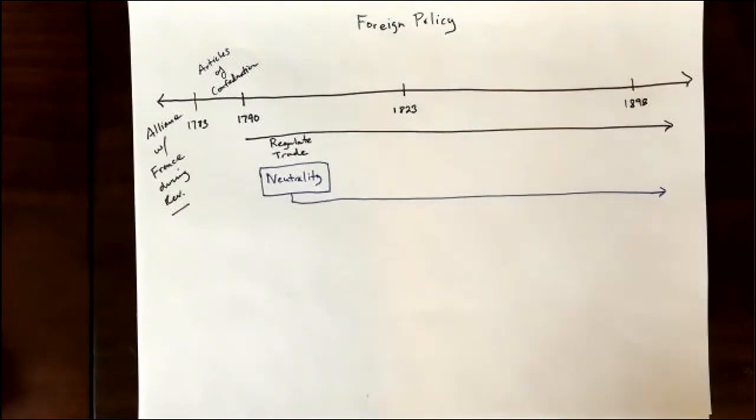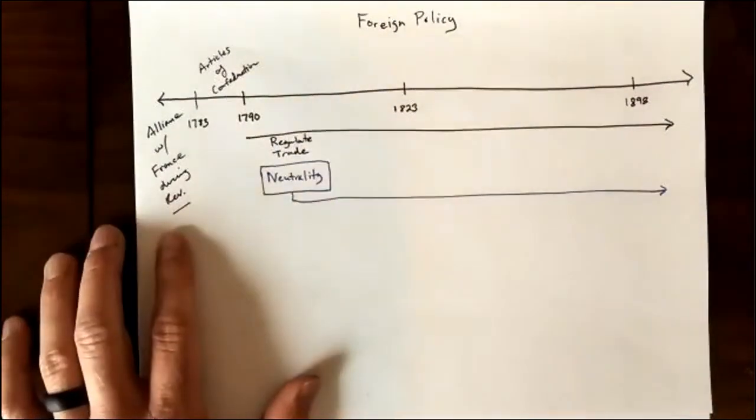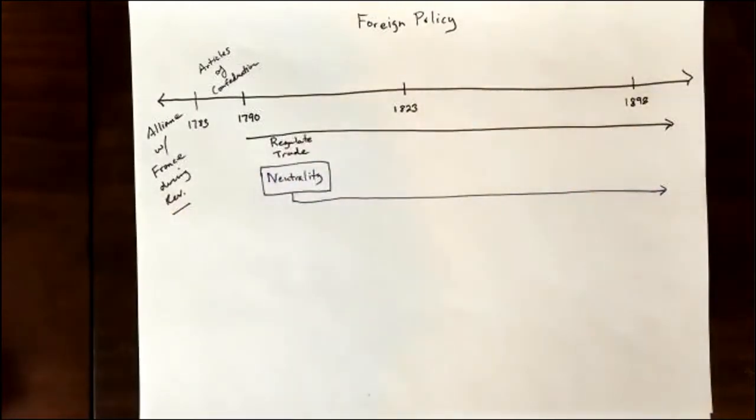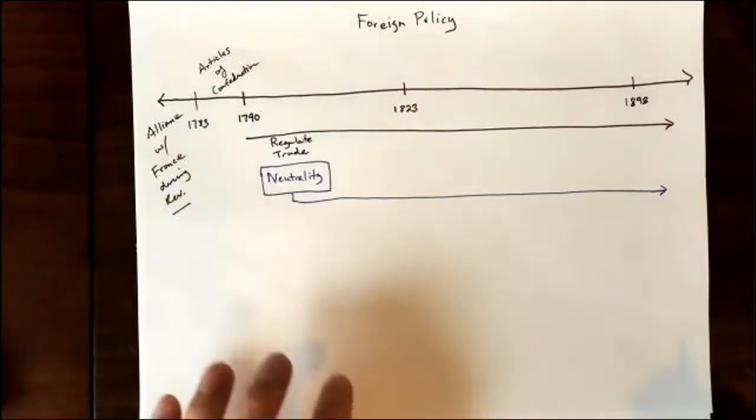Now, for those who said we shouldn't get involved, it's not that they didn't want to honor this treaty, but the treaty that we had was with the French monarch who was being overthrown. And so there were real questions about whether or not we were obligated to do this, or whether we even were powerful enough to do it. So we see neutrality being a major stance that America is taking in the 1790s.